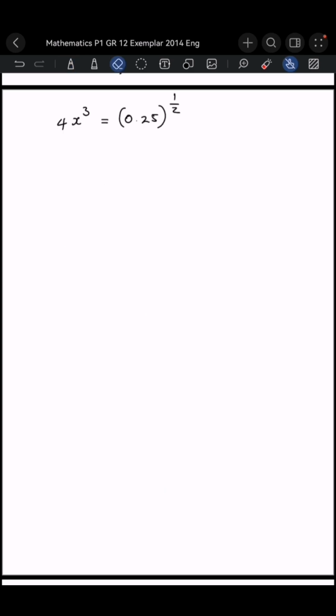4x cubed is equal to 0.25, all raised to the power of 1 over 2. What we have here is 4x cubed is equal to 1 over 4, all raised to the power of 1 over 2. 4x cubed is equal to 4 to the negative 1, in brackets, all raised to the power of 1 over 2. 4x cubed is equal to 4 raised to the negative 1 over 2.